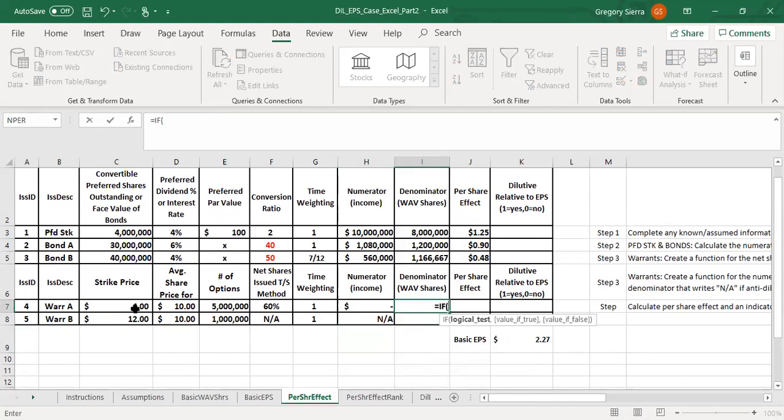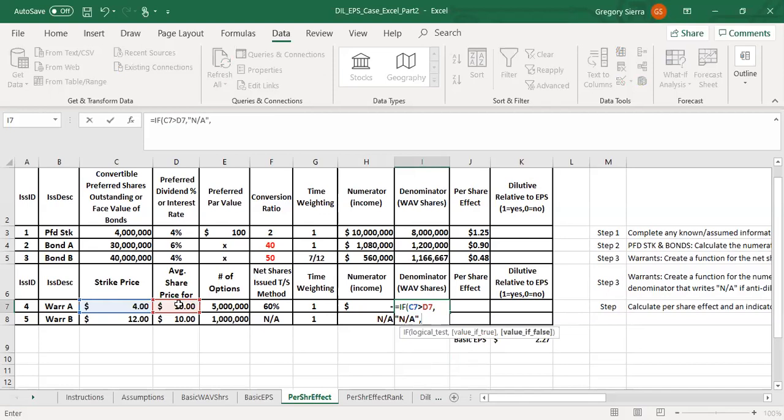So if this is greater than the average market price during the year, then it's N/A. Otherwise, we're going to calculate the number of shares that would have been issued had they been exercised. They were not exercised, but if they'd been exercised.